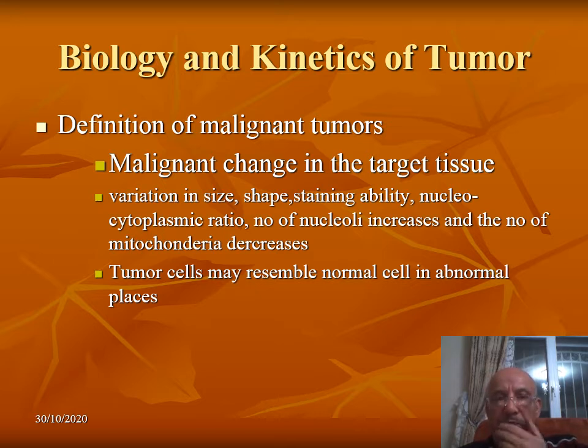When a normal cell transforms into a malignant cell, it loses some characters and it gains some other characters. If you have the chance to see these cells under the microscope, you will find that those cells having the malignant characters are variable in size and shape and variable in staining ability, and there is an increase in the nucleocytoplasmic ratio.